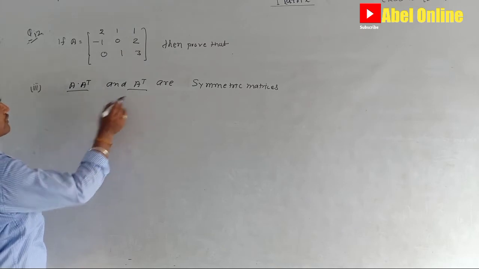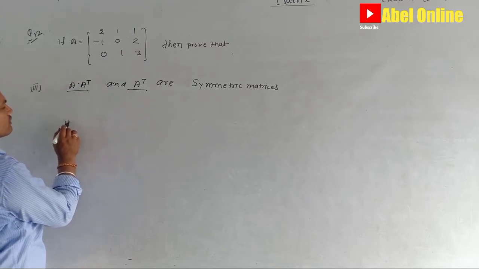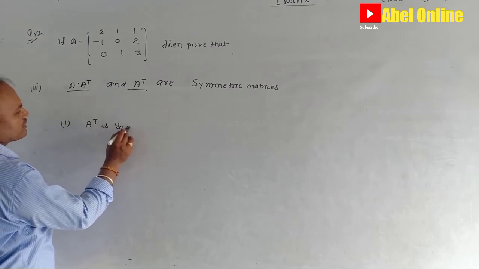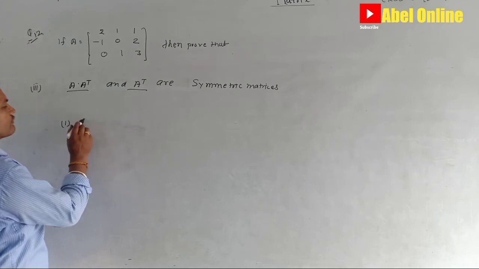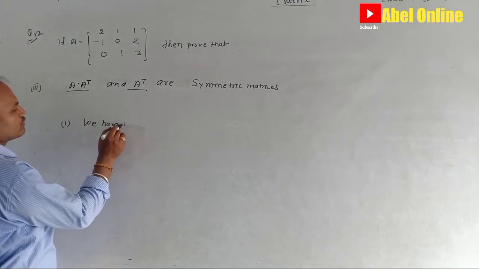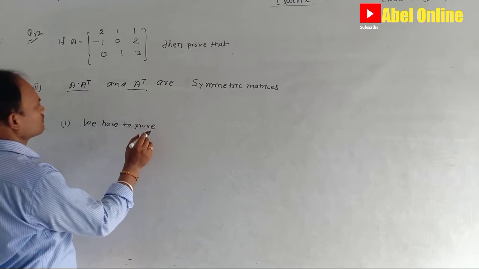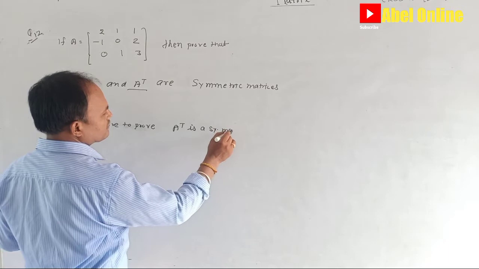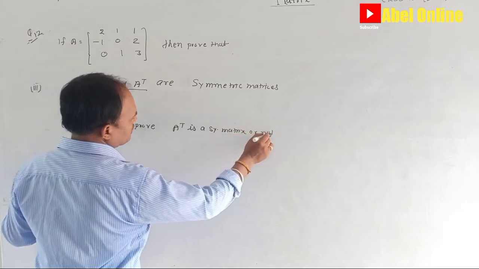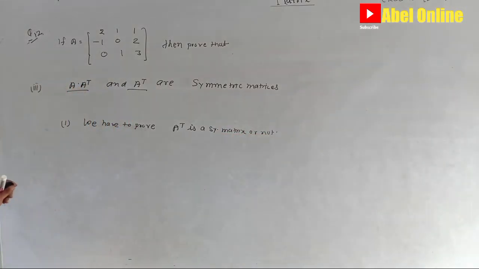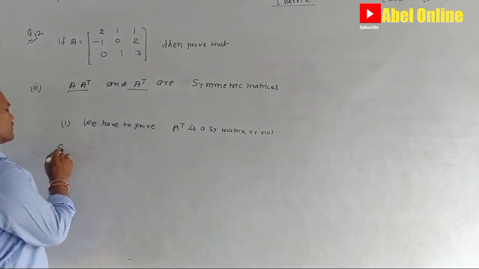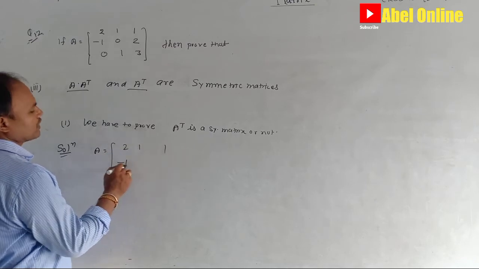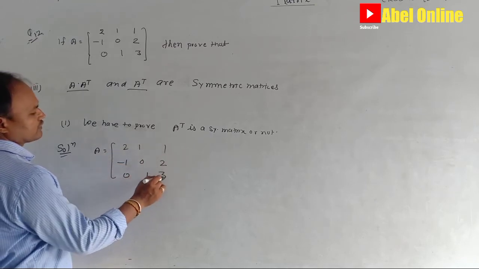First part, we are just taking A transpose. We have to prove whether A transpose is a symmetric matrix or not. So the solution is there. A equals 2 1 1, minus 1 0 2, 0 1 3.